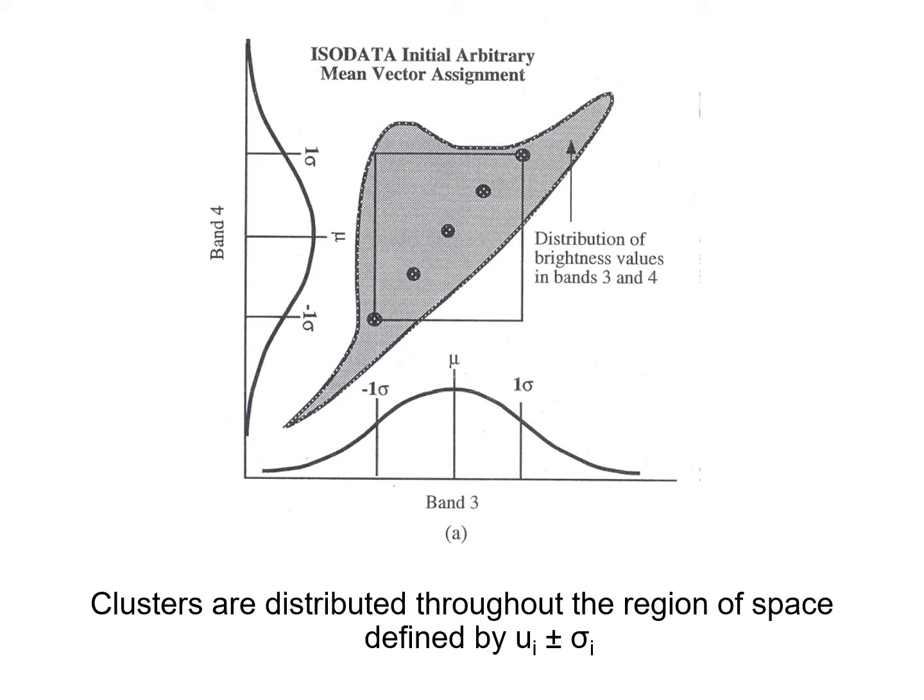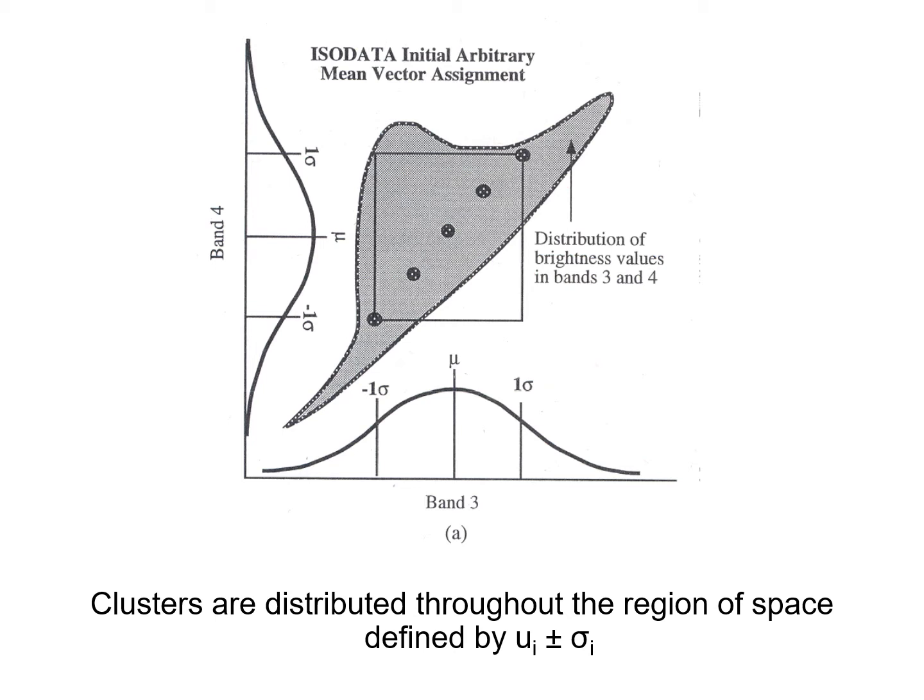Because those classes will be defined ultimately by where they're located within feature space, we need a preliminary guess at where those classes would be. And the easiest thing to guess is to simply say they're going to be evenly spread within the feature space relative to the mean and standard deviation of each spectral band.